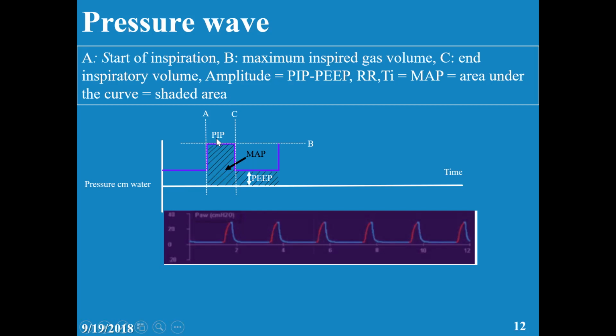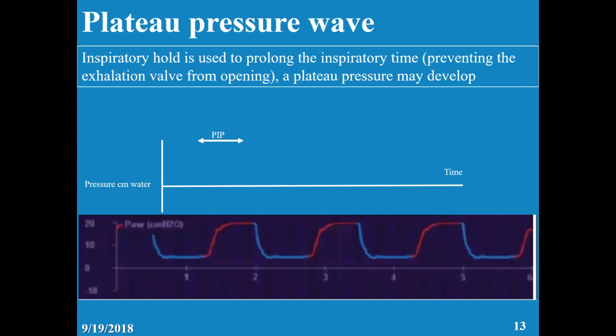This is pressure control, and all of it is assisted. So it's a pressure control, most likely AC or PSV. So we have volume and we have the pressure. Now we have to see the flow to understand.